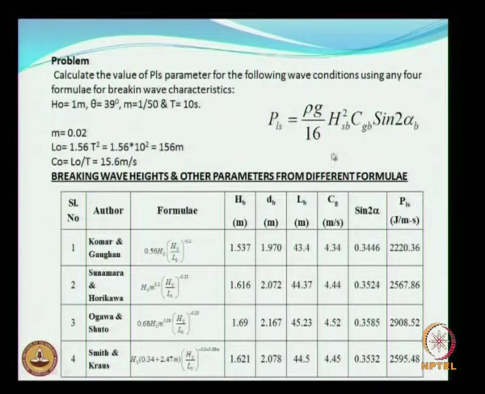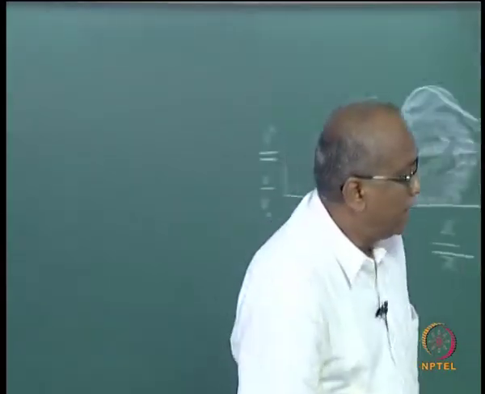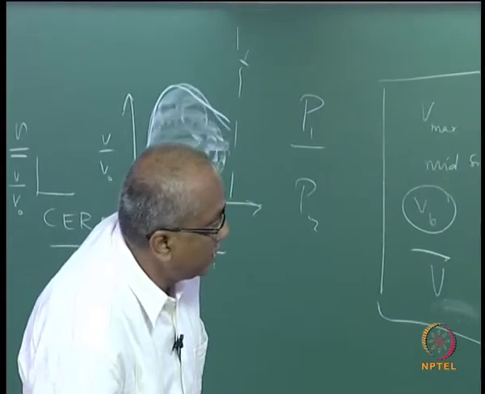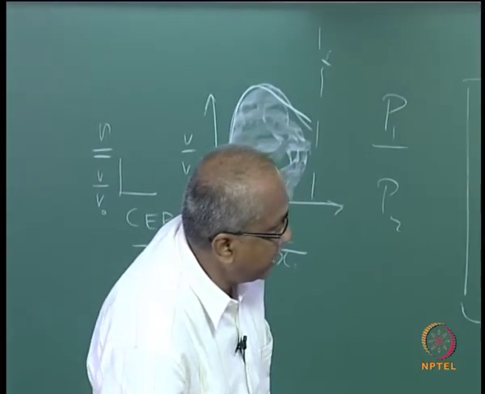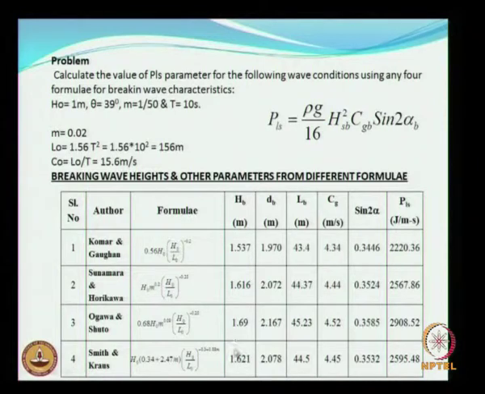For calculating your PLS you need the HB and your CB, and this is going to vary with the type of formula we are going to use. So look at the variation of the breaker wave height. Breaker wave height is going to be controlled this way, and the breaker depth variation is given here.